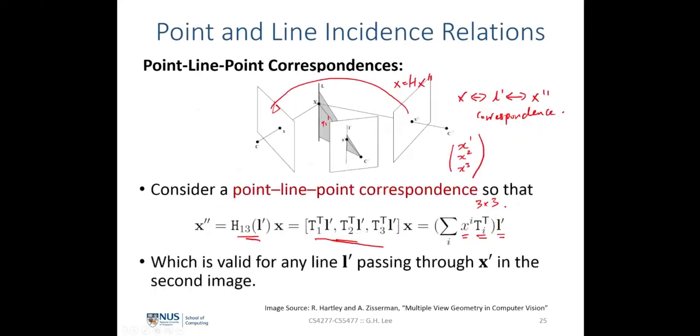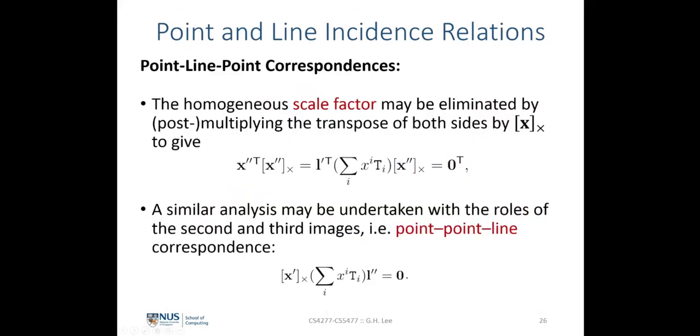Given this particular equation, by taking the cross product of x on both sides, this term will become 0, and hence the unknown scale of this homography equation can be eliminated. This gives rise to the homogeneous incidence relation that is shown in this particular equation.